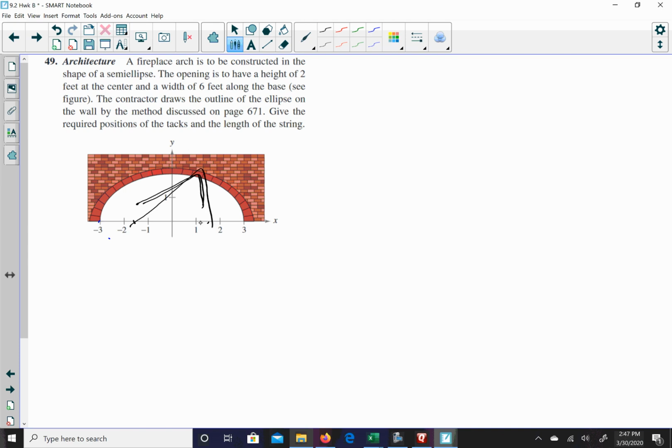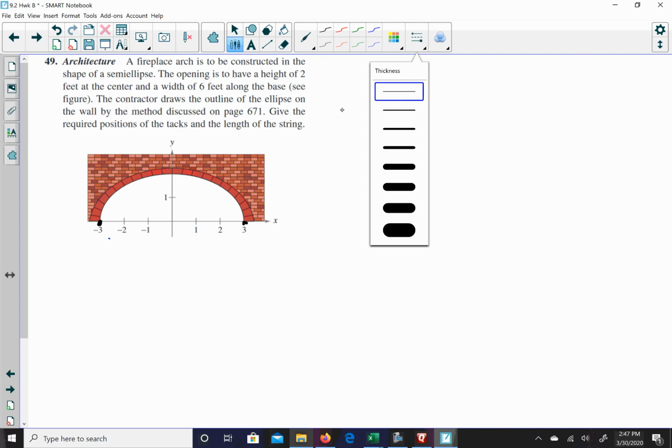And they go like that. So the string, when I do this, well, I know the length of the string has to be, it says give the required positions of the tacks and the length of the string. Well, the string has to be the distance from here to here.